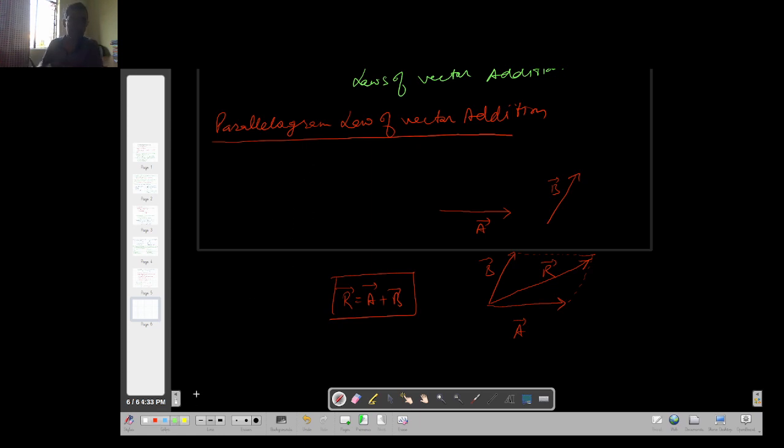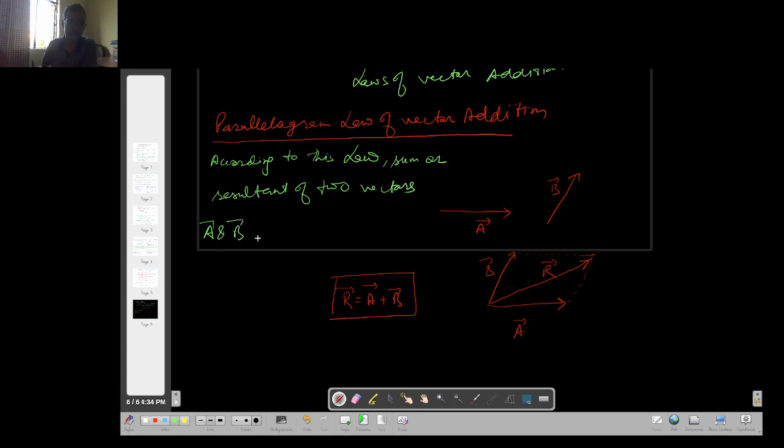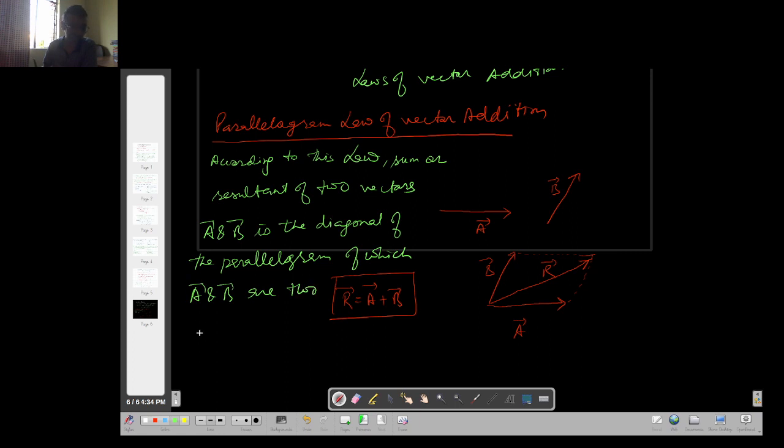So in words, according to this law, the sum or resultant of two vectors A and B is the diagonal of the parallelogram of which A and B are two adjacent sides.